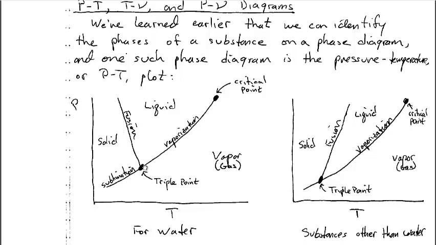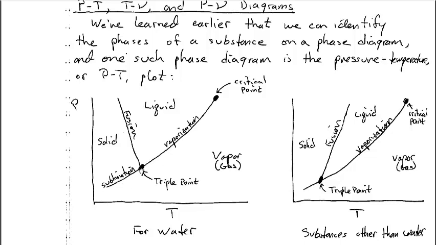The line that separates the liquid and vapor phase is called the vaporization line. This is where phase change occurs from liquid to vapor, or from vapor to liquid. The line that separates the solid-liquid phase is called the fusion line. And then finally, we have the line that separates the solid-vapor phases, which is the sublimation line. And so this is how sublimation process occurs.